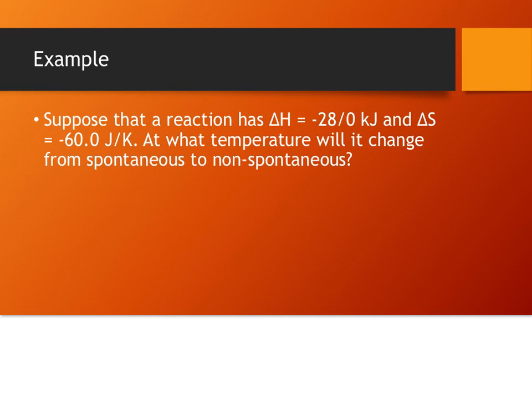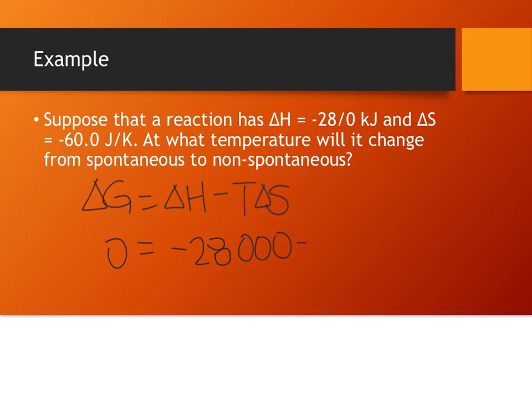That says that, again, delta G equals hits. So 0 is equal to, again, we have kilojoules this time, so negative 28,000 minus T, or we're not sure what that is, but we're going to multiply that by negative 60.